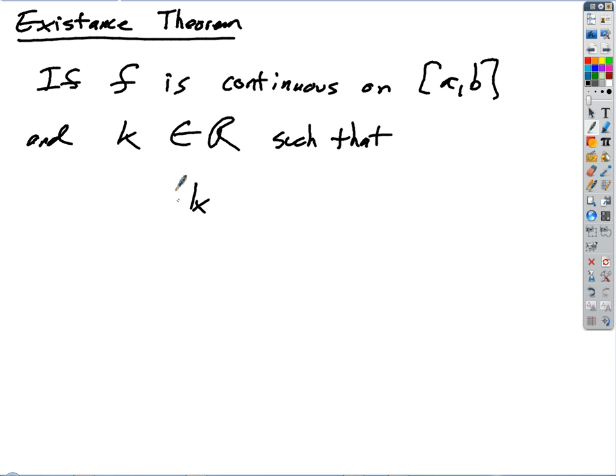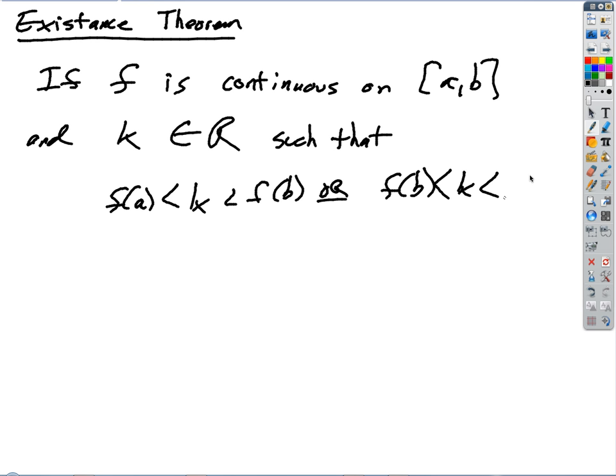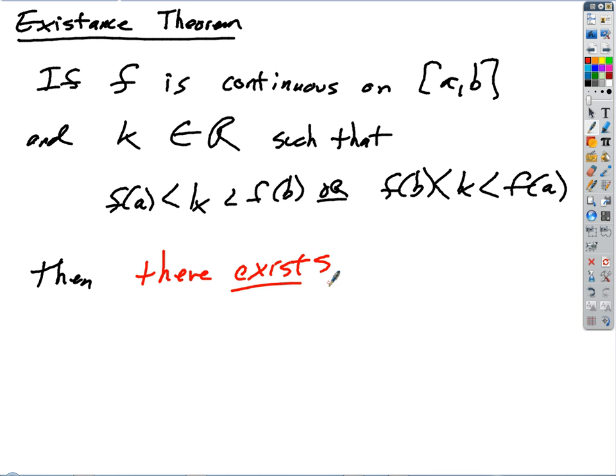k is either greater than f of A and less than f of B, or k is greater than f of B and less than f of A. In other words, it's between the two values, right? Then there exists, there's that word exists, right?